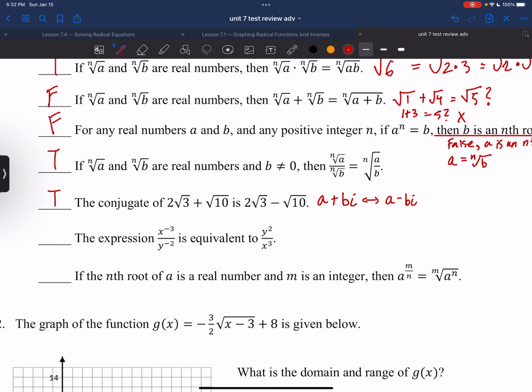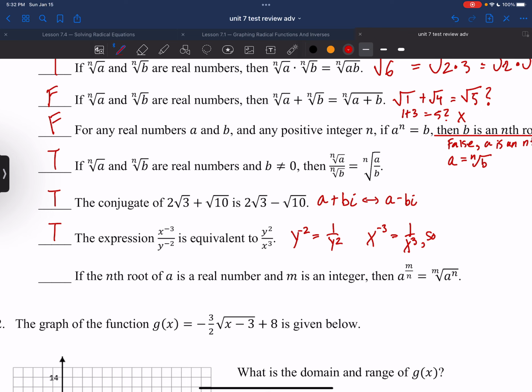Okay, the expression x to the power of negative 3, y to the power of negative 2 is equivalent to y squared over y x cubed. Yes, this is true. And this is true because y to the negative 2 equals 1 over y squared, and x to the negative 3 equals 1 over x to the 3.